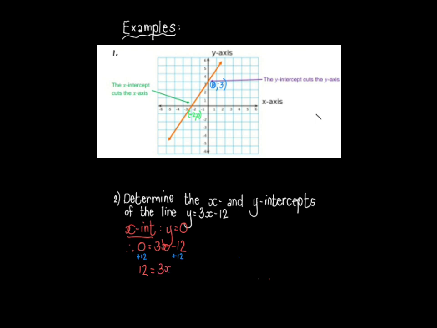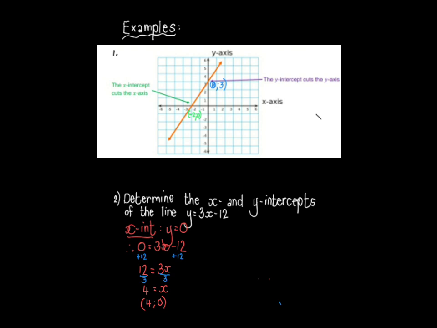The last inverse operation, to isolate x in its entirety, is 12 divided by 3, and that gives x is equal to 4. So the x value at the x-intercept is 4, but the x-intercept is a coordinate, so we have to write (4, 0) at the end.